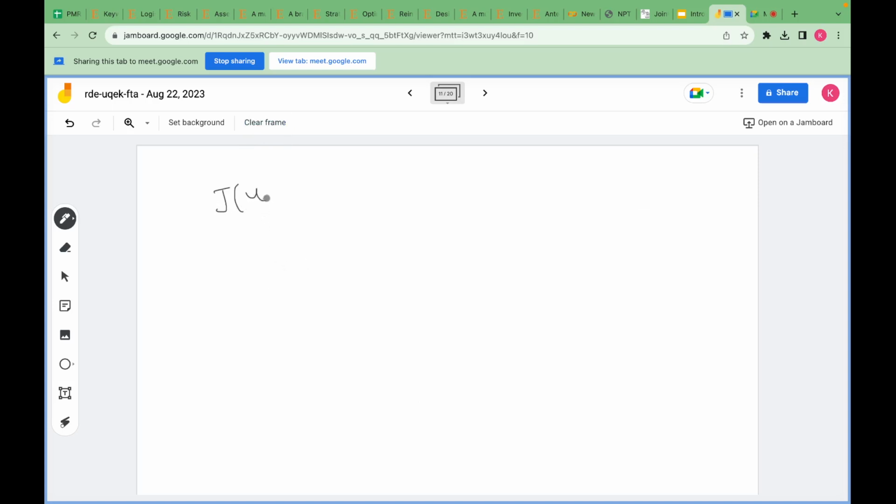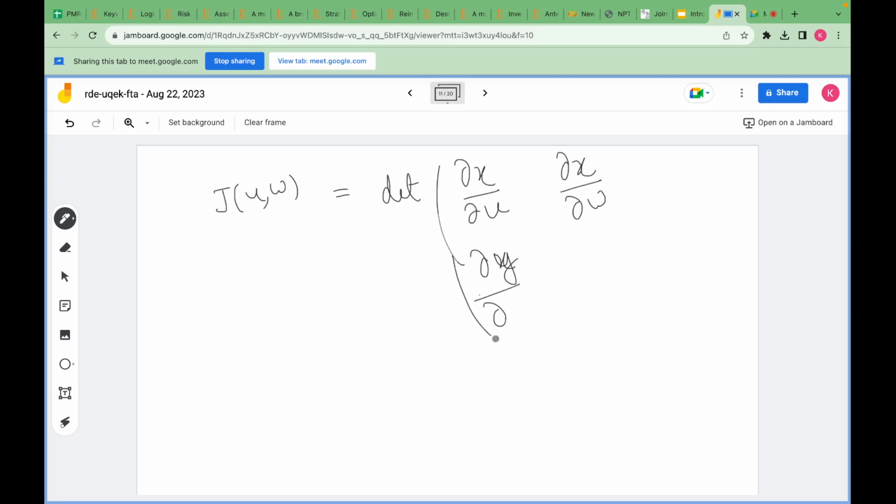The Jacobian for u and w, let's suppose, is the determinant of del x with respect to u, del x with respect to w, del y with respect to u, and del y with respect to w.